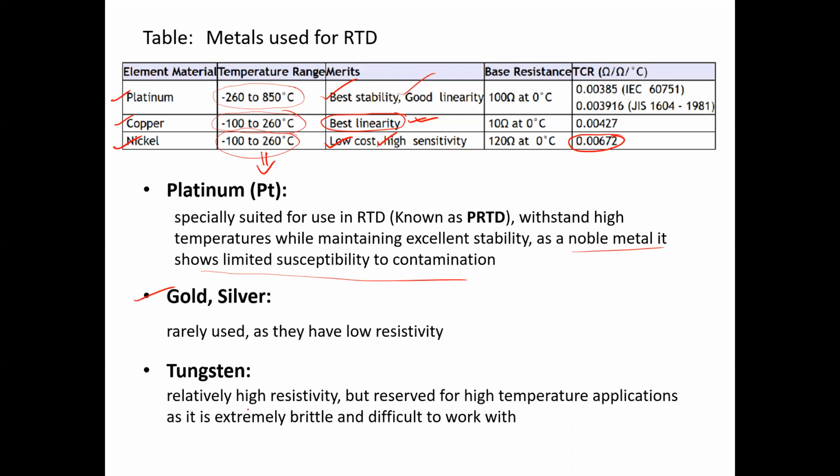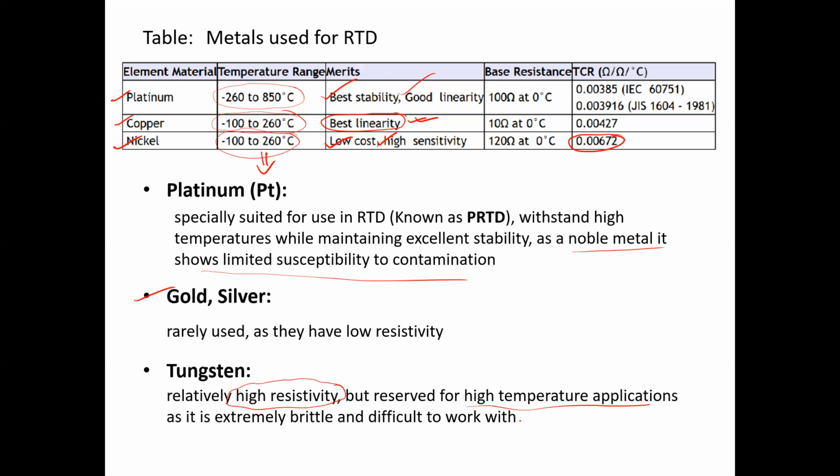Tungsten has a significant advantage over all these three metals. That is, it has very high resistivity, and also high sensitivity as well. So for high temperature applications, it is really effective.